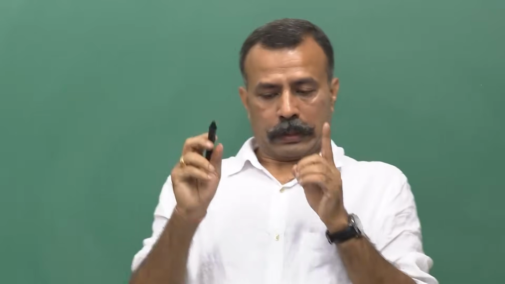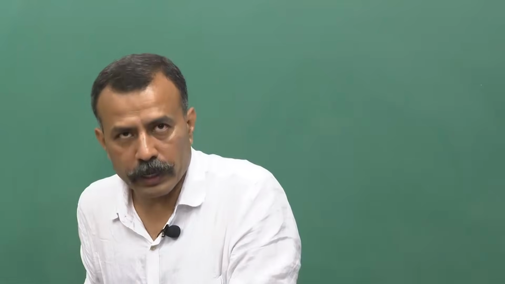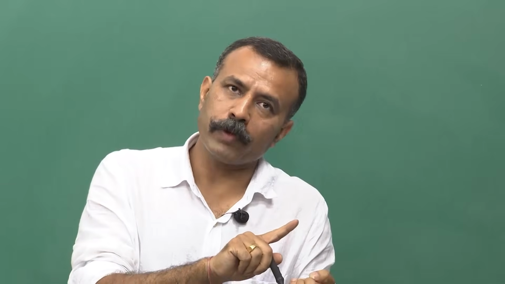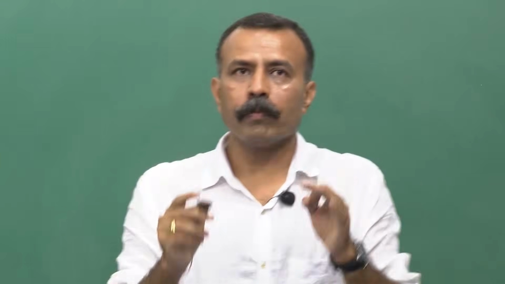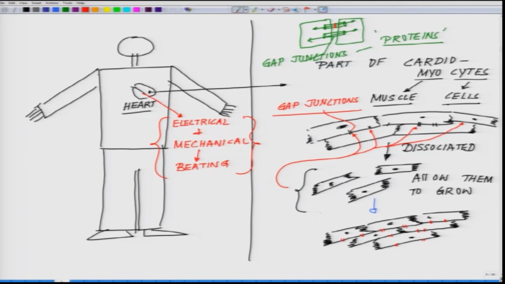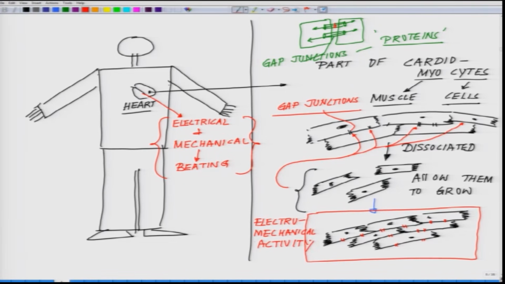So, for these cells, if they have to grow outside, they should be in a position to mimic this electromechanical event in a dish. So, I expect them to show electromechanical activity similar to that in your body.